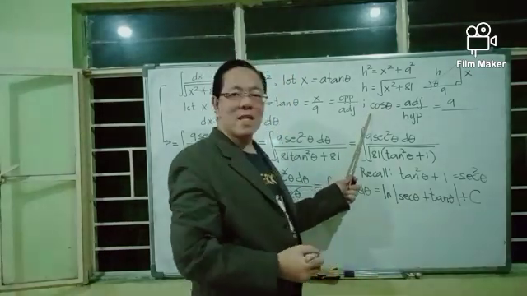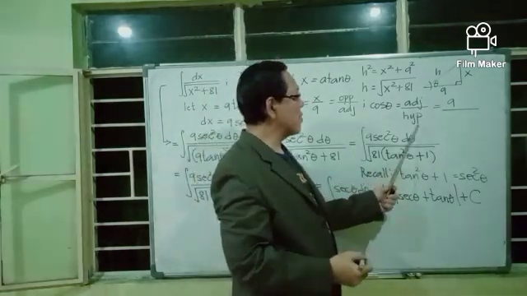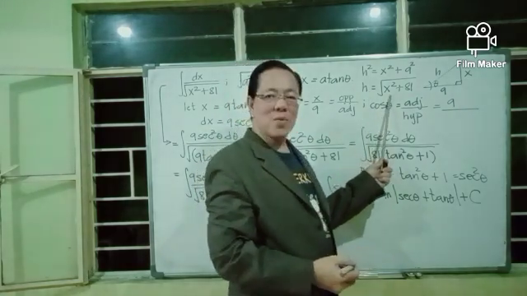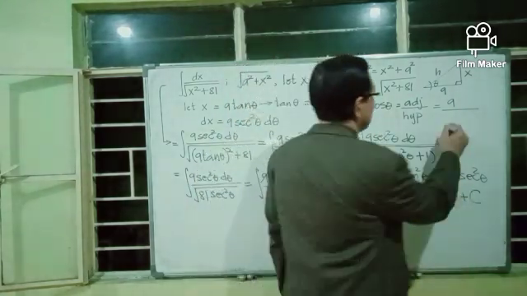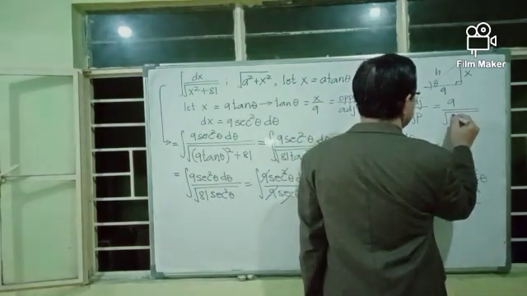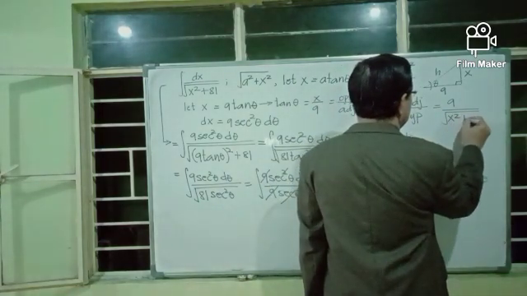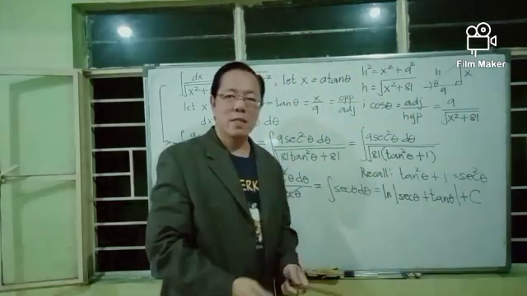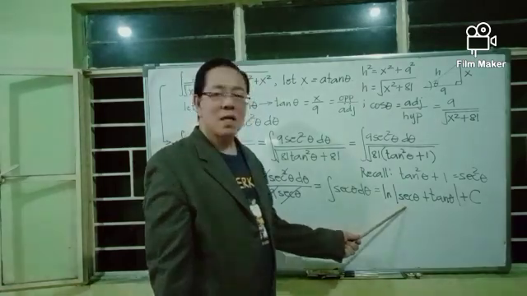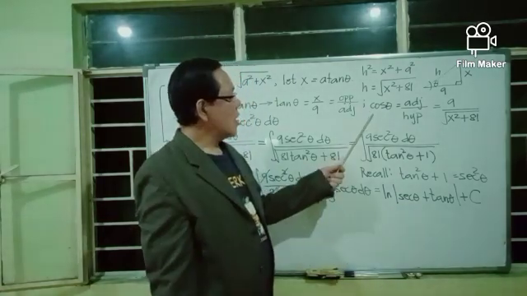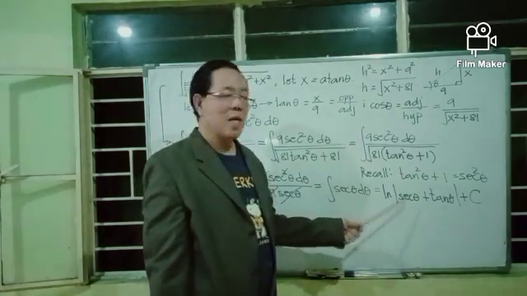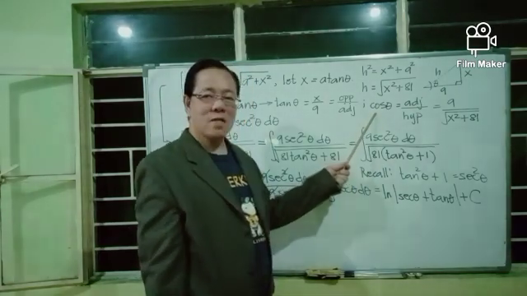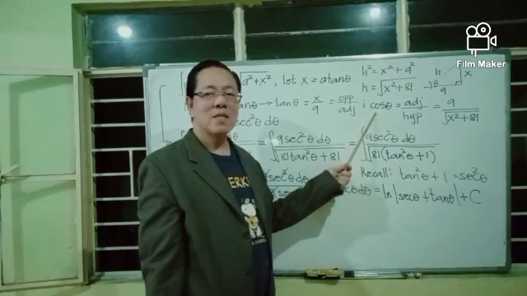So cosine theta now is equal to 9 divided by the hypotenuse, the square root of x squared plus 81. But what we want in the final answer is the secant of theta. To get the secant of theta, we simply take the reciprocal of cosine theta.